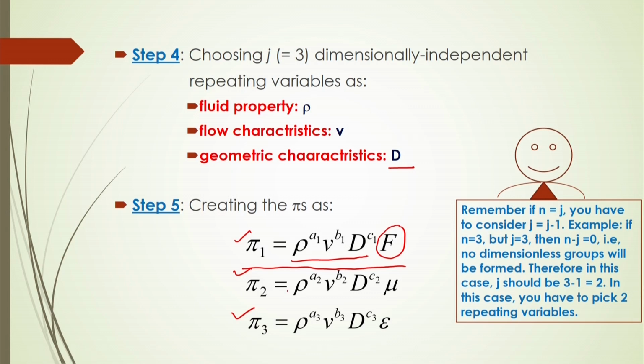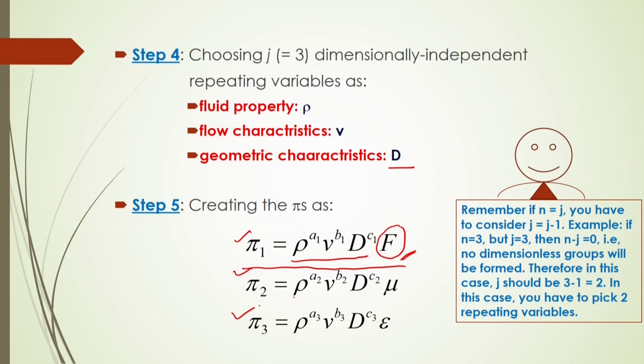So, in this case phi 1 should be rho to the power a 1, v to the power b 1 and d to the power c 1 into f. You can take mu instead of f here also. Either way, you can put the other non repeating variables in either of these groups, so that finally the same 3 groups will be obtained.